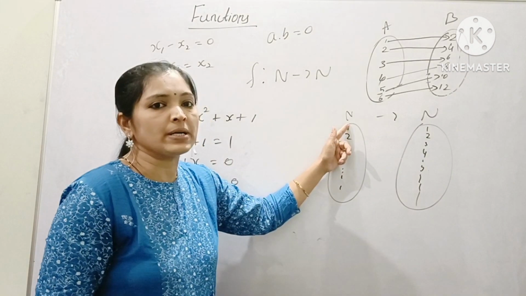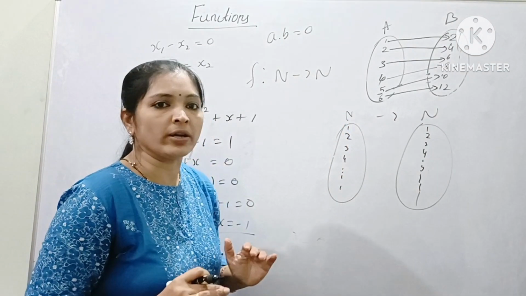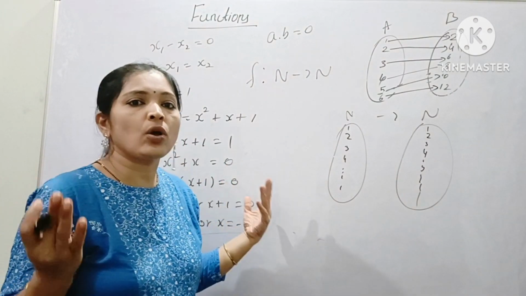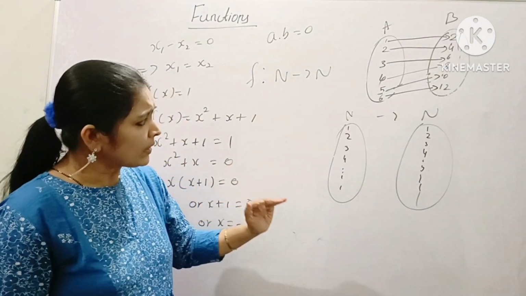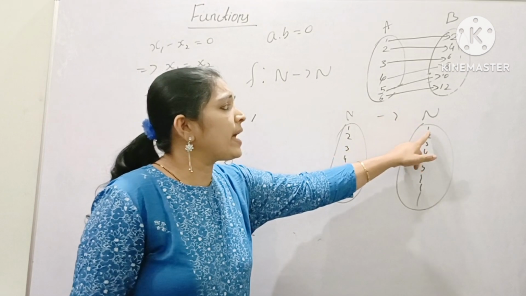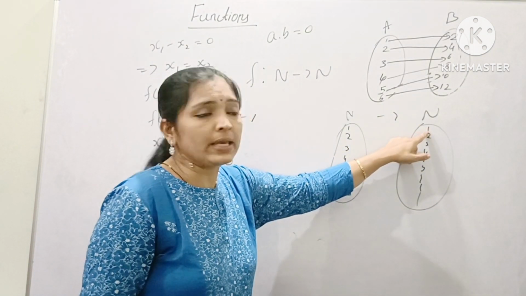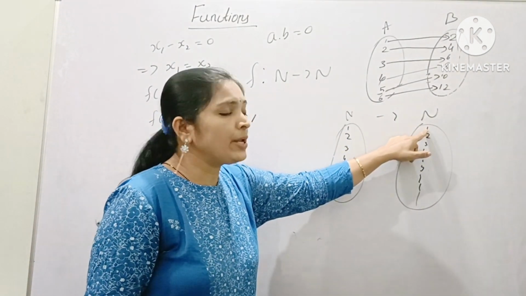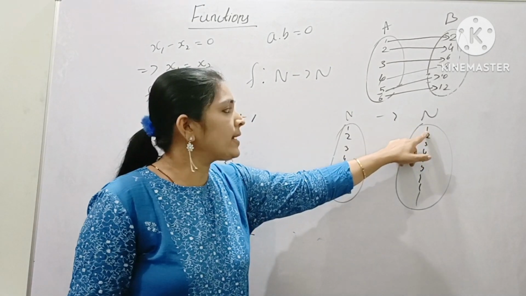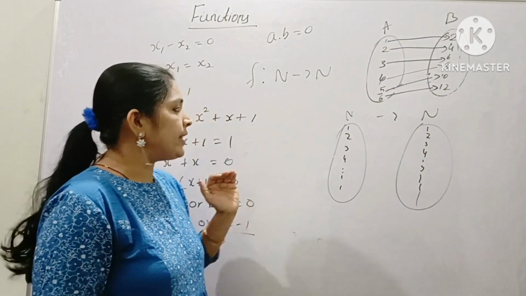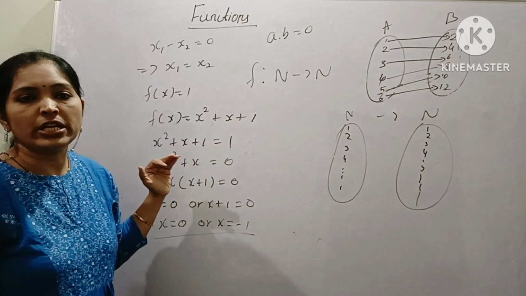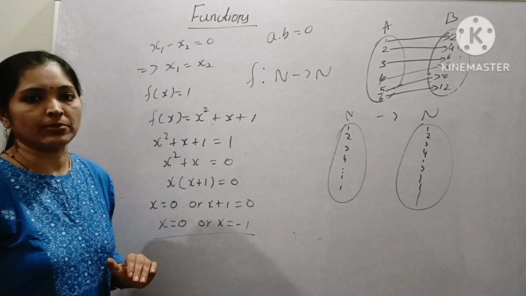Because natural numbers start from 1. 0 and minus 1 are not natural numbers. Therefore, we say this element of the codomain has no preimage. Therefore, the given function is not an onto function.